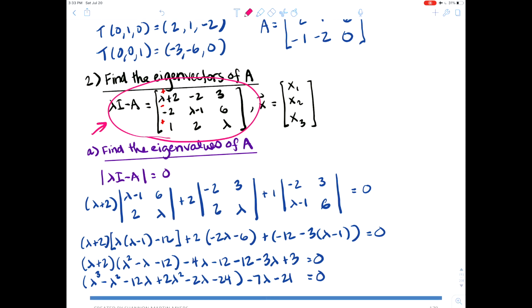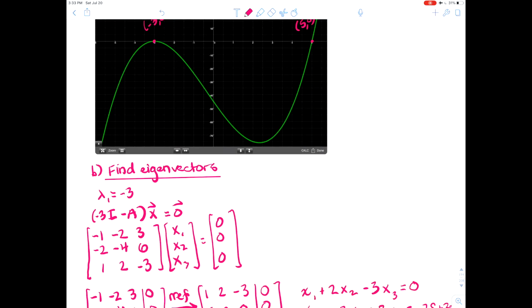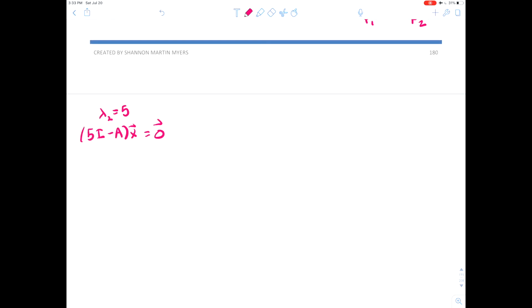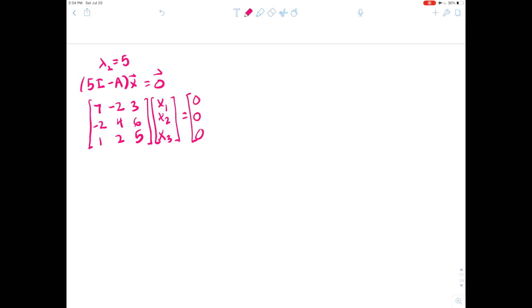And when I plug 5 in for lambda, I'll get this matrix. 7, -2, 3, -2, 4, 6, and 1, 2, times our x vector equals the 0 vector.